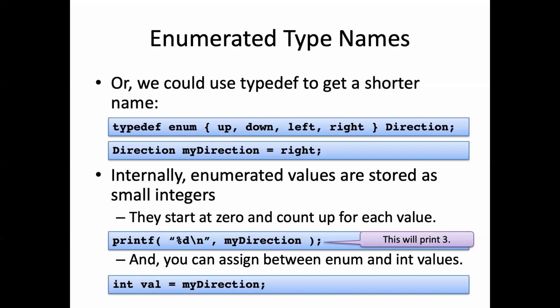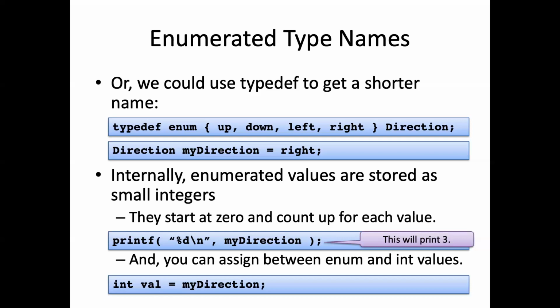C has a very obvious way of internally representing enumerated types. And you can see that at the bottom of the slide. Just like if we had implemented them ourselves using the preprocessor, an enumerated type in C is really just a wrapper around an integer value. And you can see this if you try to print them out.